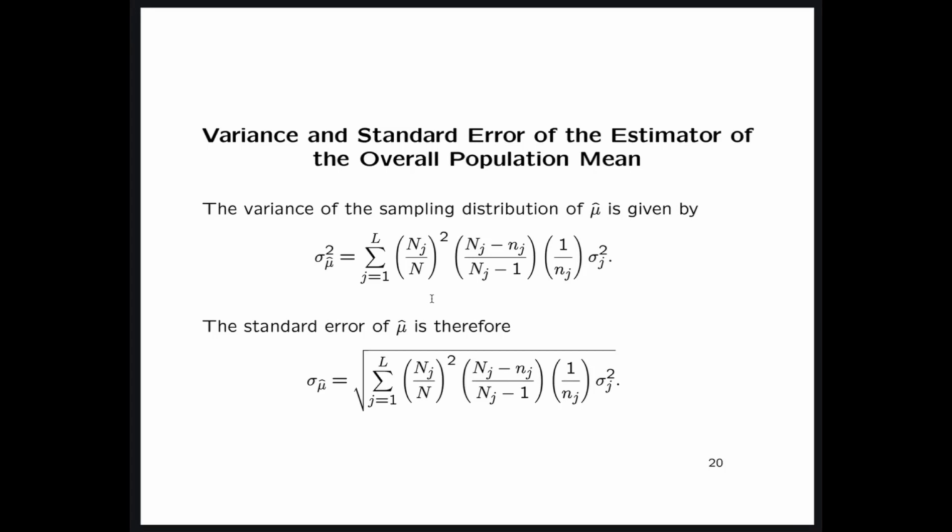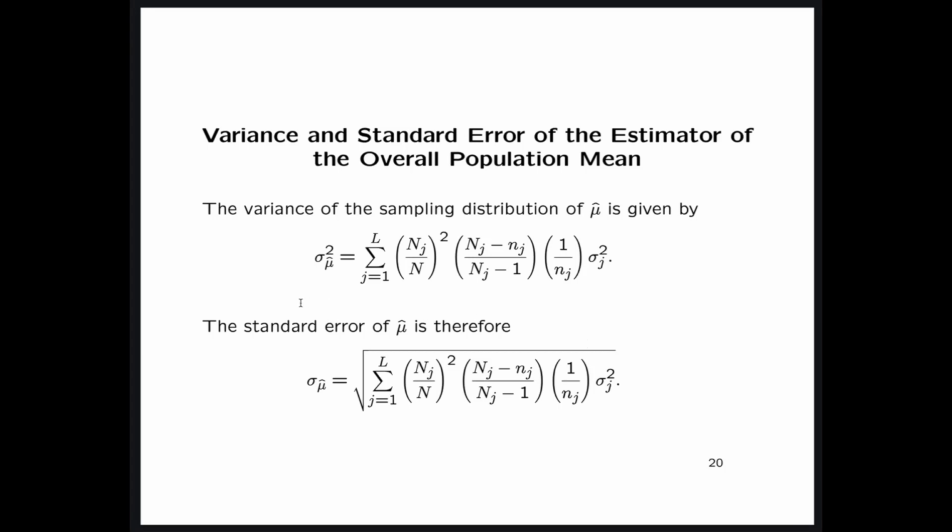We have the ratio of the stratum size to the overall population size squared, and then we multiply that against cap N sub j minus little n sub j over cap N sub j minus 1, times 1 over little n sub j, times the variance of the jth stratum. So it's not too complicated, but it's more complicated than it was for the simple random sampling situation.